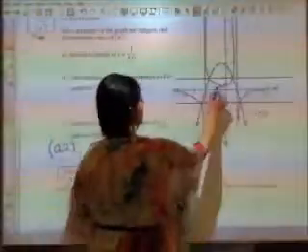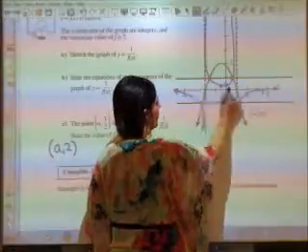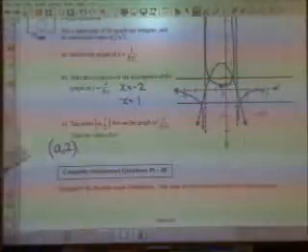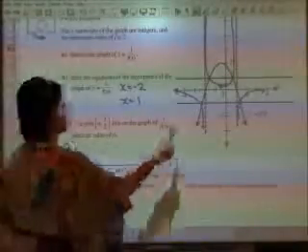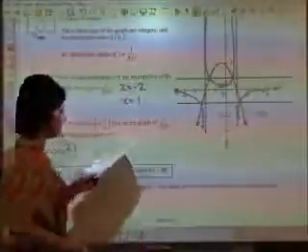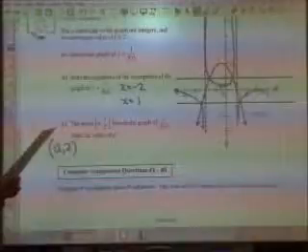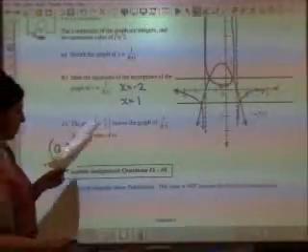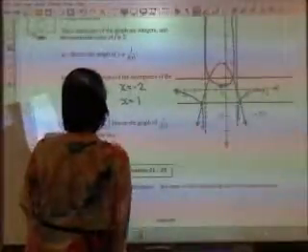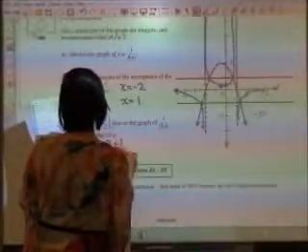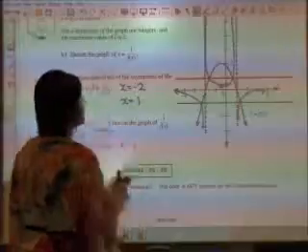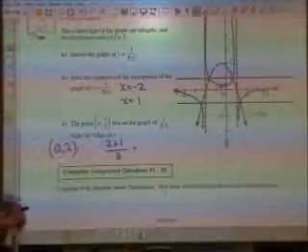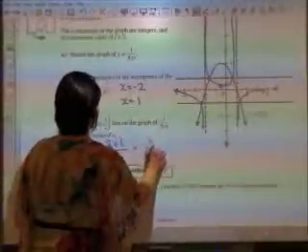This is where my y equals 1/2 was right, the vertex. So the x coordinate of the vertex is what you're looking for. And to find the x coordinate of that vertex, it would be -2 + 1 over 2. Which would end up giving you -1/2.